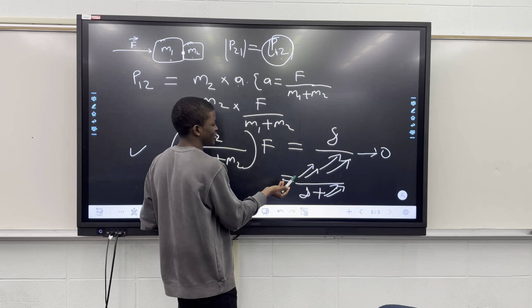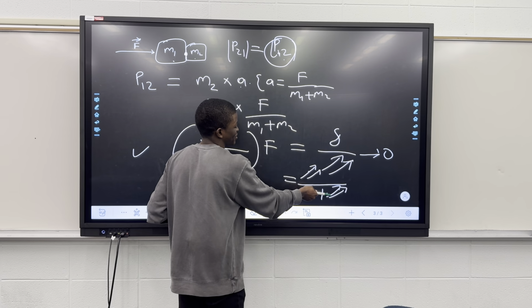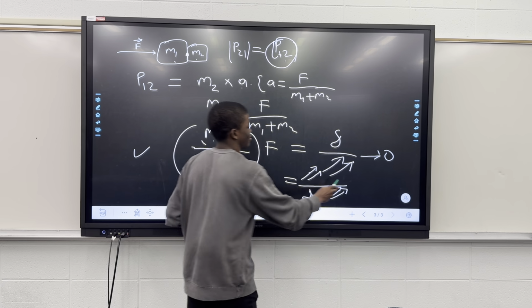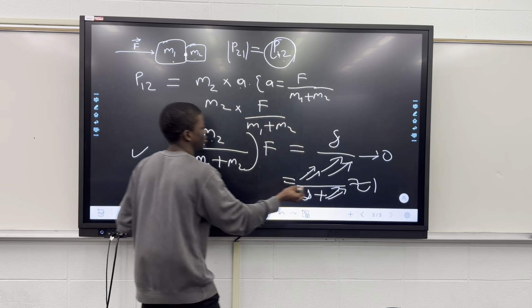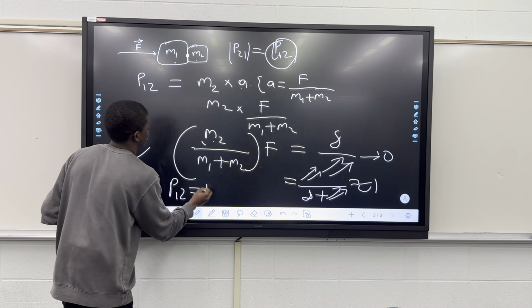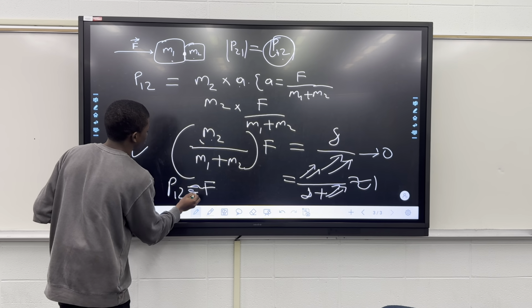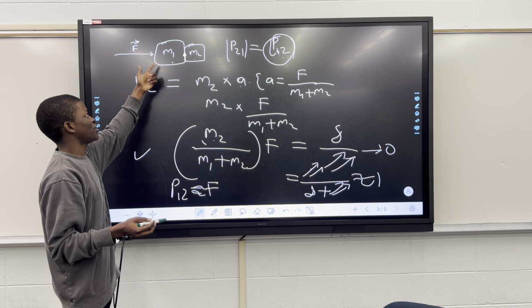Since this one is negligible, this over this will be approximately 1. And 1 times the force, so F12 will approximately be the force that's acting on M1.